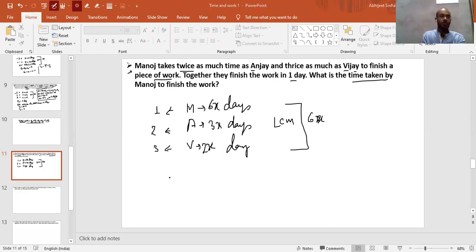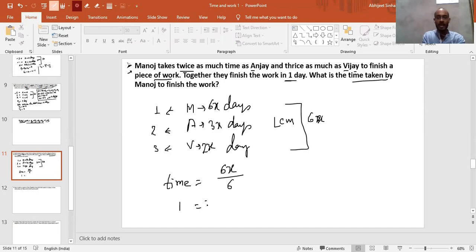Okay. Now we need to calculate the time when all of them are working together. It is given that together they finish the work in 1 day, right? Now we'll calculate what time they will require together. The total work is 6 times of x divided by their efficiency. The sum of their efficiencies is nothing but 6. And the time given here is 1.